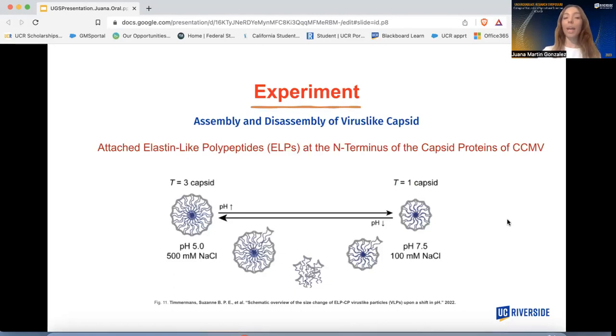So we had a T=3 capsid, and as it disassembled by increasing the pH from 5 to 7.5, these proteins went into free subunits in solution. They became hydrophobic, meaning they didn't want to be surrounded by water, and it forced them to form a T=1 capsid. In a similar way, if we decrease the pH from 7.5 to 5, these proteins disassembled and assembled into a T=3.